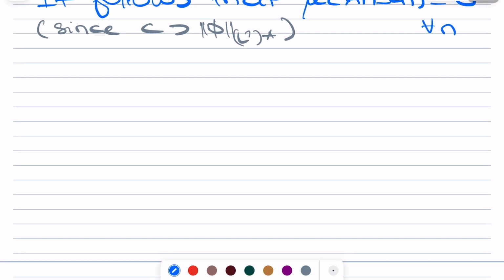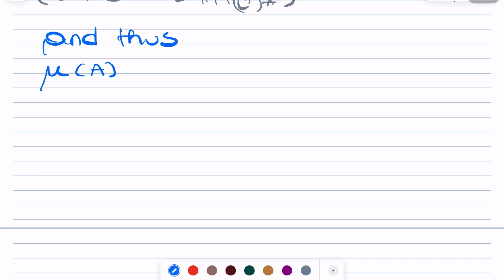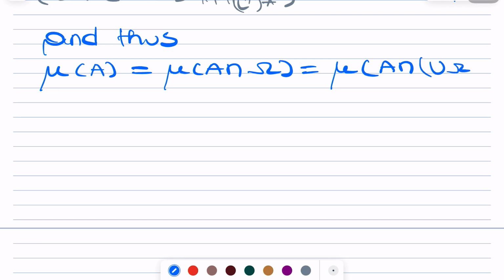And this mu of A, which is equal to mu of A intersected with omega, is equal to mu of A intersected with the union of omega n, n running from 1 to infinity, and this is just less or equal than the sum of mu of A intersected with omega n.